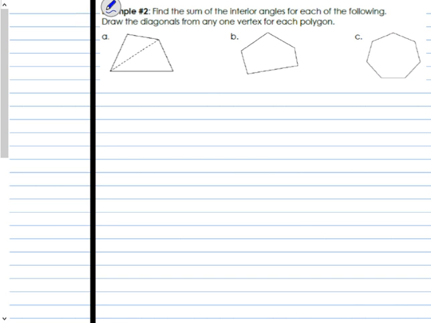Example number 2. Find the sum of the interior angles for each of the following. Draw the diagonals from any one vertex for each polygon. So the first example, they already drew the diagonal for the first one. It says from any one vertex.